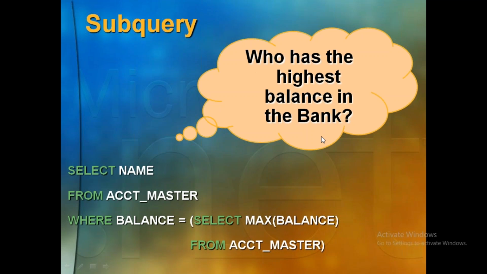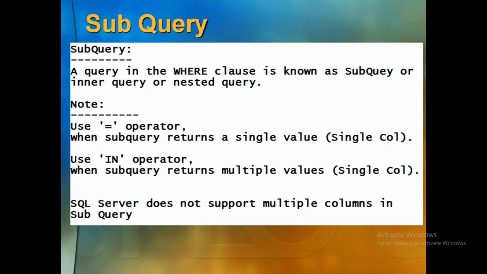Who has the highest balance in the bank, or who has the highest salary, or who scored the highest marks in the class? All these queries need to be answered with the help of subqueries only. Now we had seen what is a subquery: a query in the where clause or having clause is called a subquery, or inner query, or outer query.